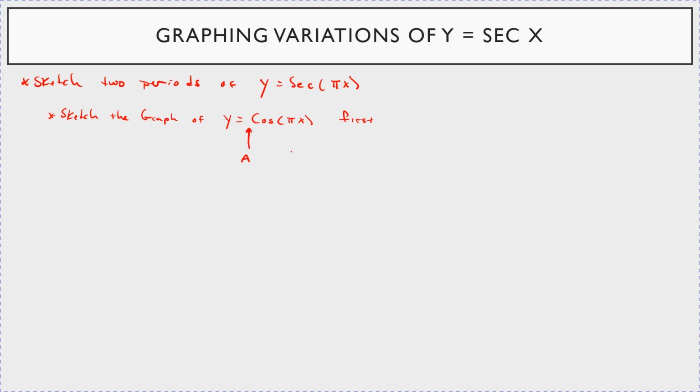So my a is 1, my b is pi, and there's no c, so there's no phase shift. All right, so my amplitude is the absolute value of a, which is the absolute value of 1, which is just 1. The period is equal to 2 pi divided by pi, which is just 2. And that's okay.